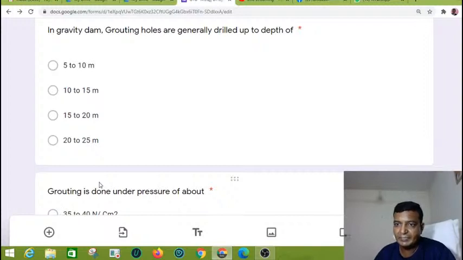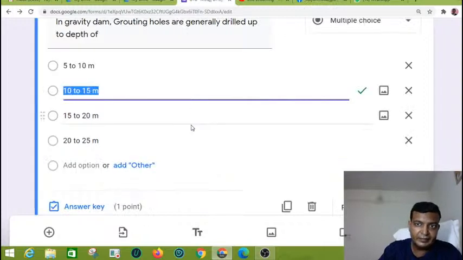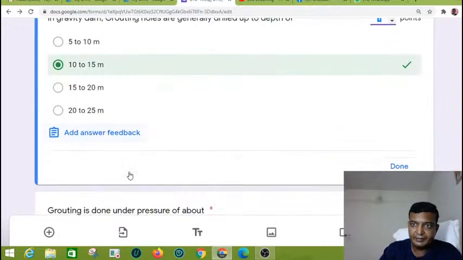Write in the chat box fast. 10 to 15 meter is the right answer. Yes, right answer.